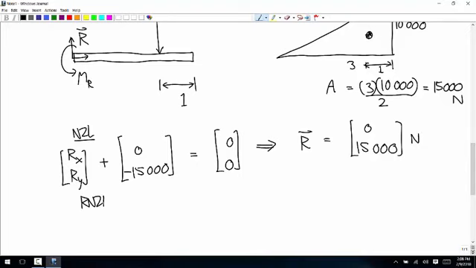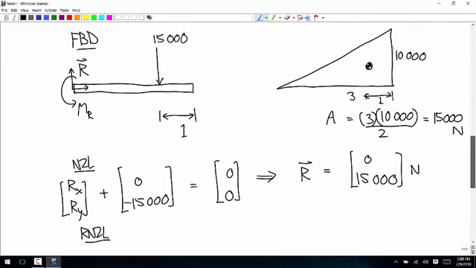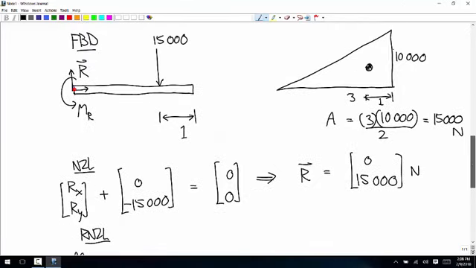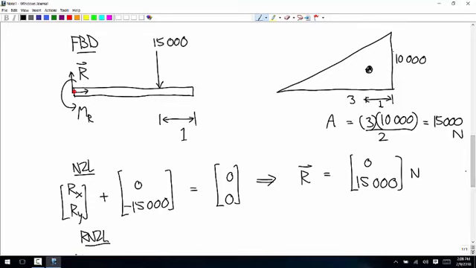And the moment equation says, so I'll put my about point here. We have the moment MR, the reaction moment. And then the 15,000 newton force has a moment arm of 2 meters.